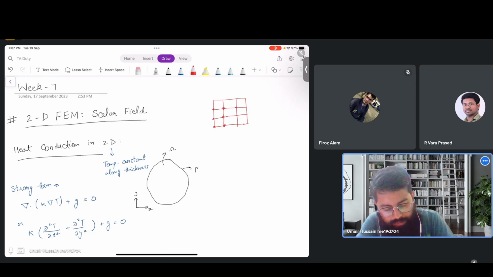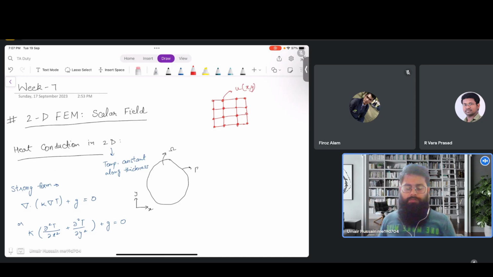At each of these nodes, we solve for only one variable. So we define only, say, u, a function of the space coordinates x, y. This concept can also be extended to 3D, but we'll start with 2D.